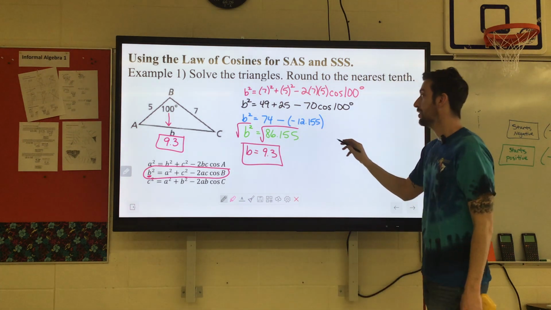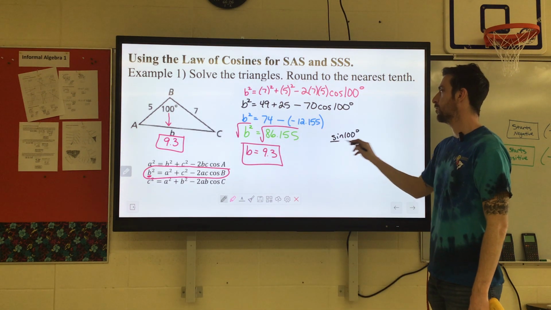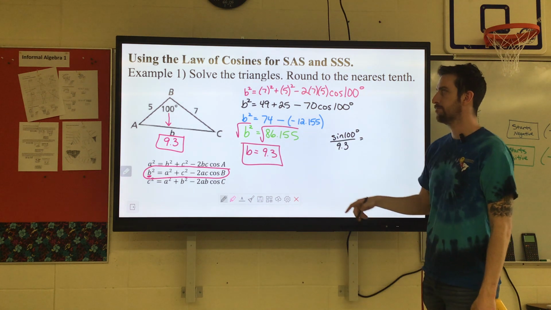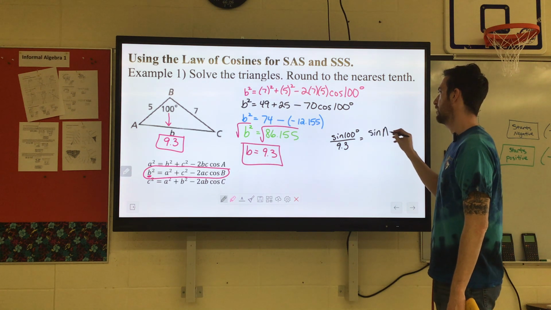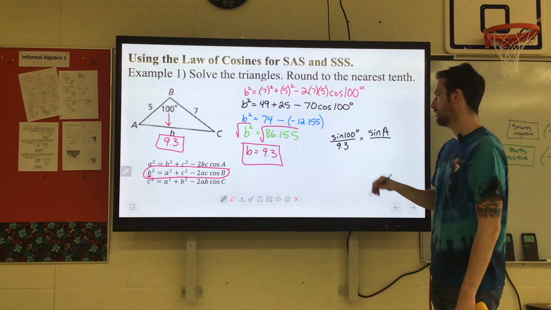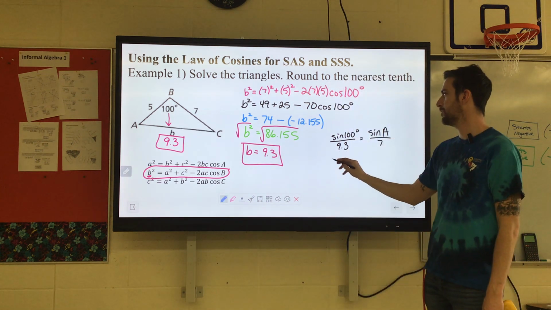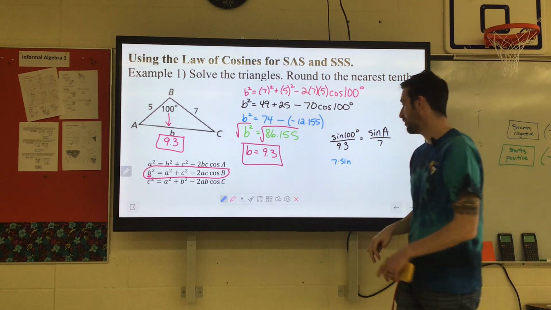So I'm going to say sine of 100 degrees over its corresponding side, 9.3, equals, we'll pick another one, sine of A over A's corresponding side, which is 7. If we were to cross multiply, all we have to do is multiply by 7.